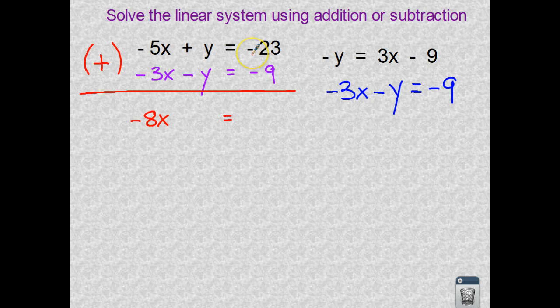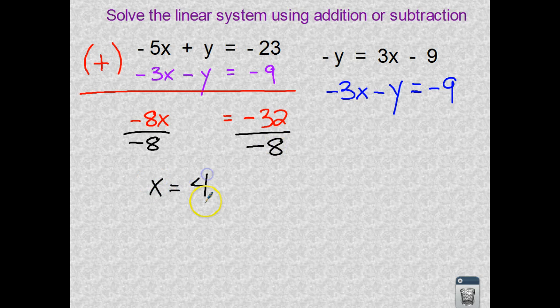And then we have negative 23 plus negative 9, which is a negative 32. Divide by negative 8. X equals 4. We're halfway there.